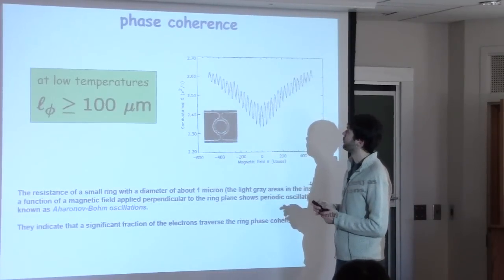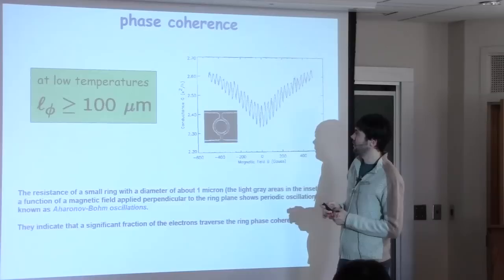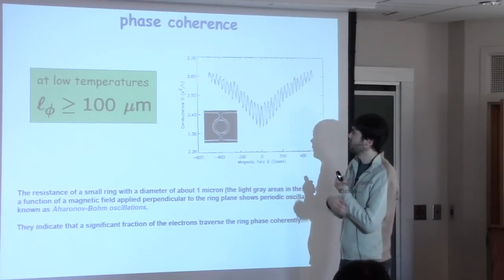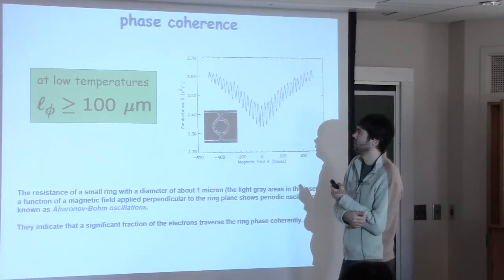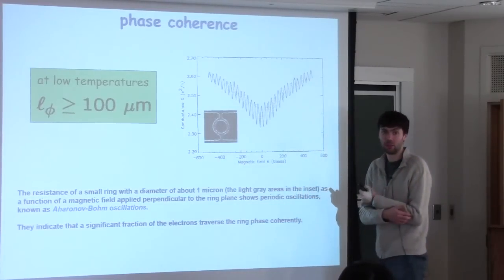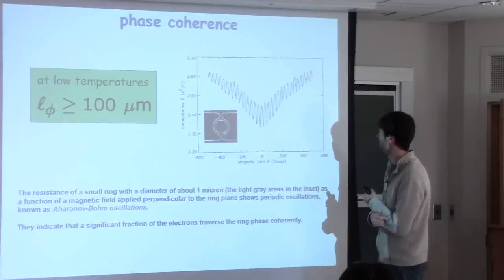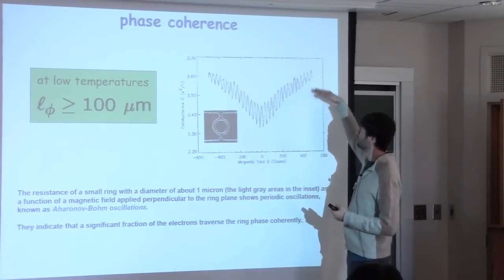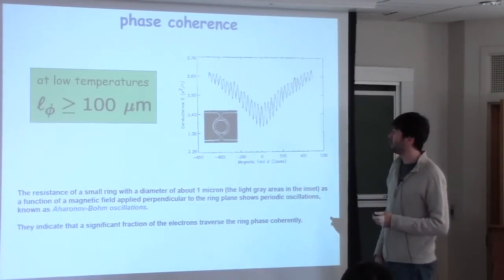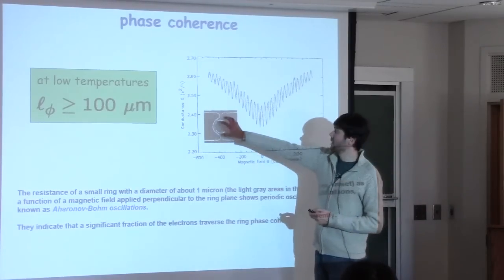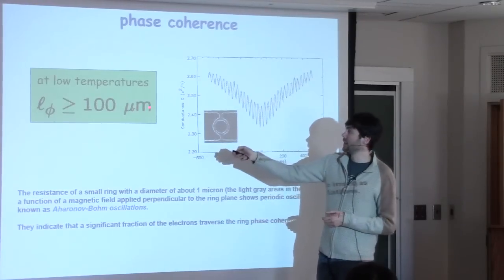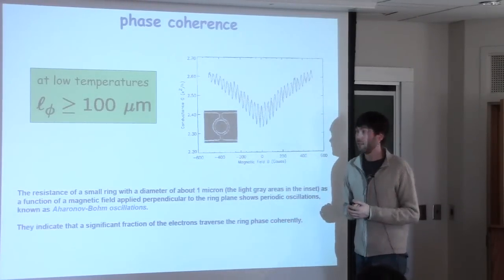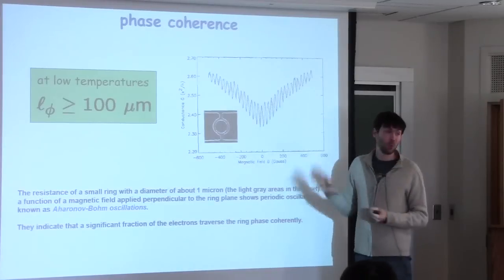So for this very clean system, the dephasing length is very large. At low temperatures it's many microns, and therefore we're able to see these oscillations with very high contrast, very high quality. But if we were to make this ring bigger and bigger, and finally exceed the dephasing length in size, the oscillations will be washed out.